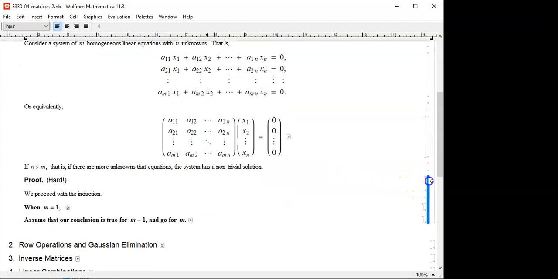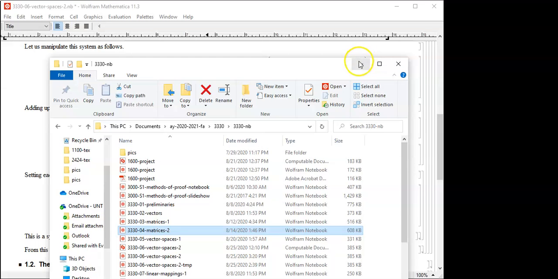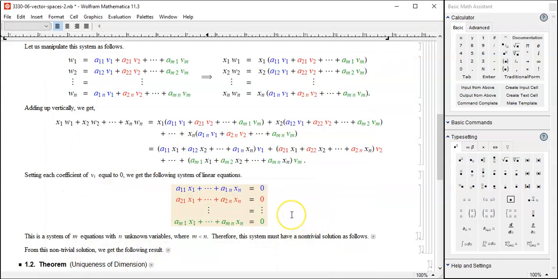And the proof was, oh boy, we used mathematical induction and some rearranging, without loss of generality, all kinds of things. It was really hard, but the conclusion was very to the point, and it made sense. If you have more unknowns than the number of equations, then we have infinitely many solutions.